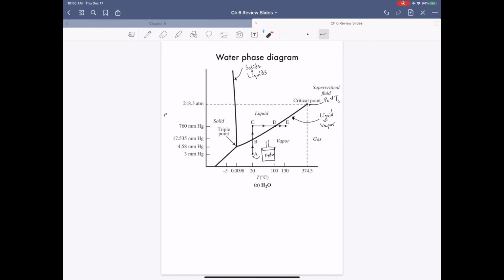Now, let's imagine that we then lower the piston on the system so that it starts to squeeze the system a little bit more. And by squeezing it, it increases the pressure to point B. All right? But at the same time, we're keeping the temperature constant. And so we only change the pressure.